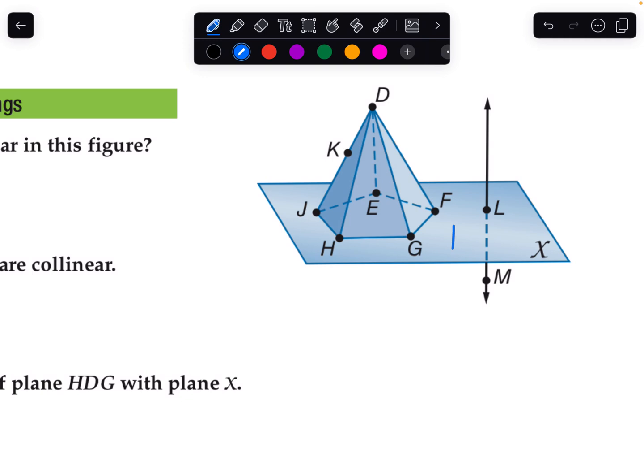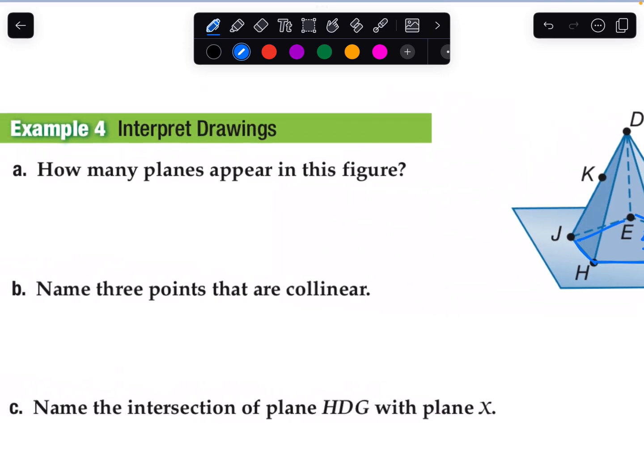And then there appears to be a, let's see, 1, 2, 3, 4, 5 pentagonal pyramid sitting on top of it. Each face of the pyramid is a triangle, but that is part of a separate plane extending out of the plane here, X. So I'm going to say that this is a total of 6 planes.